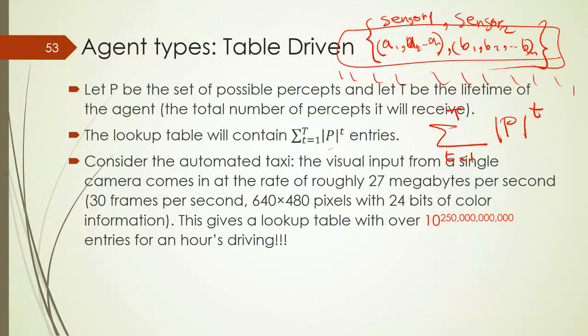Well, the bad news is if I want to implement that, consider the automated taxi. I'm sure it's impossible for a taxi driving agent to be table-based, but let's have a look at it.